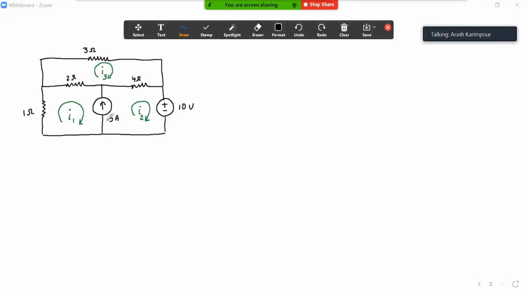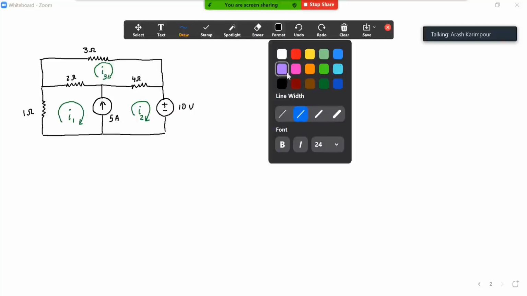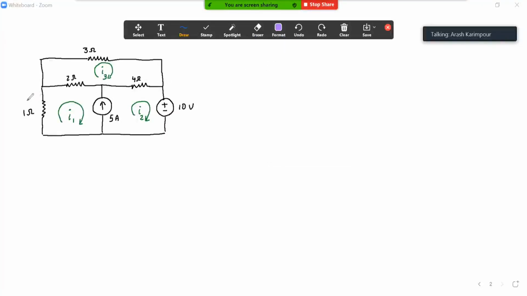But for the very top one, I can do that. So I will start from that. I'll name the voltage across each element: V1, V2, V3, and V4.